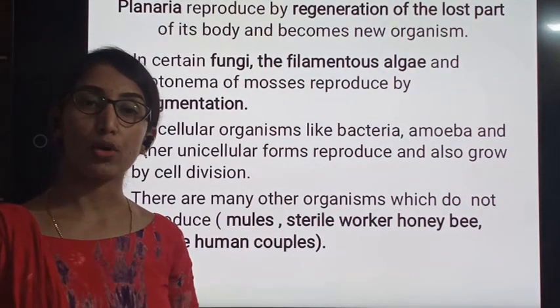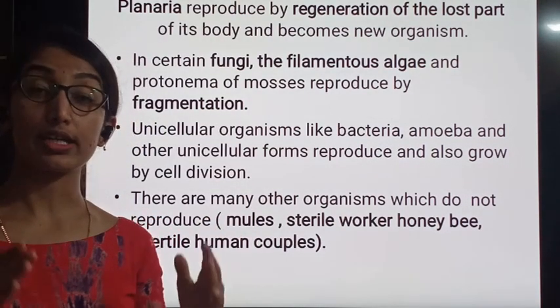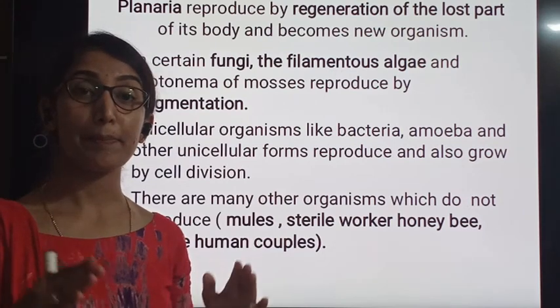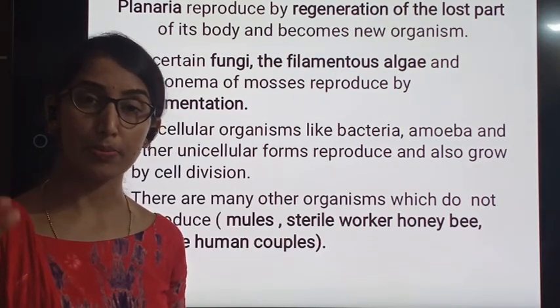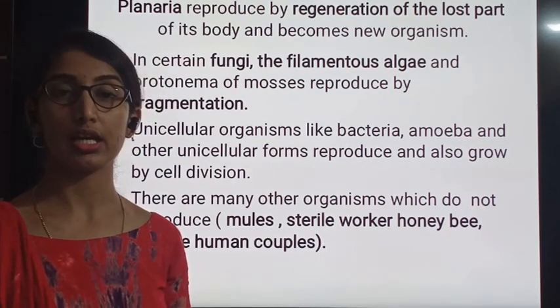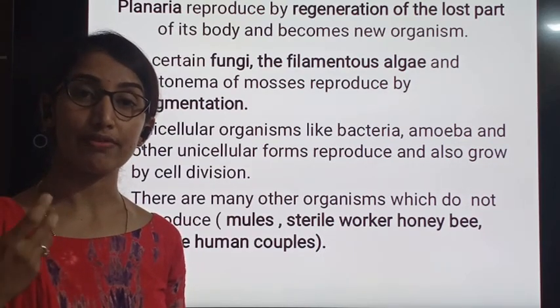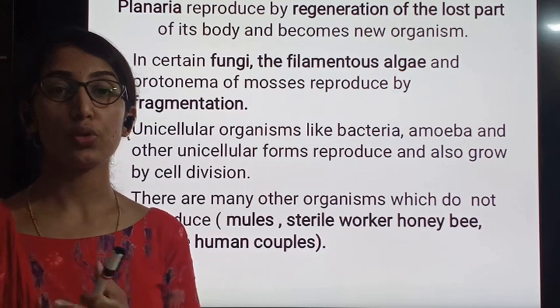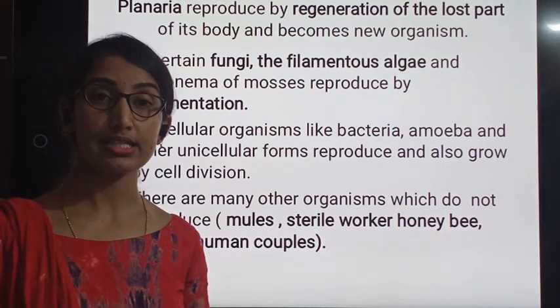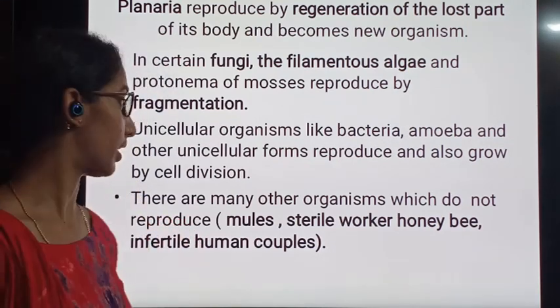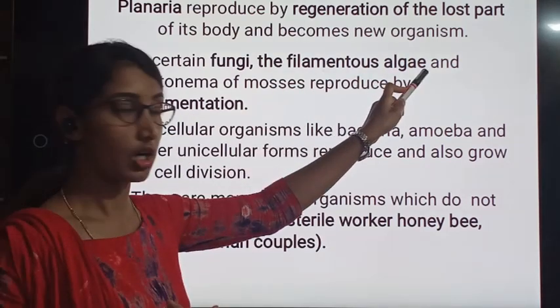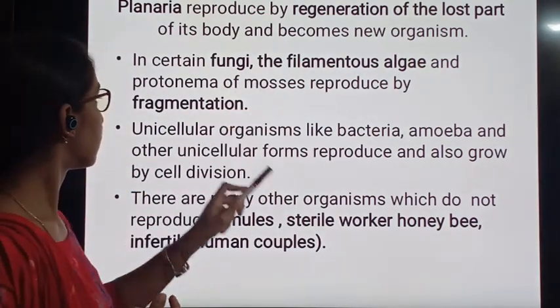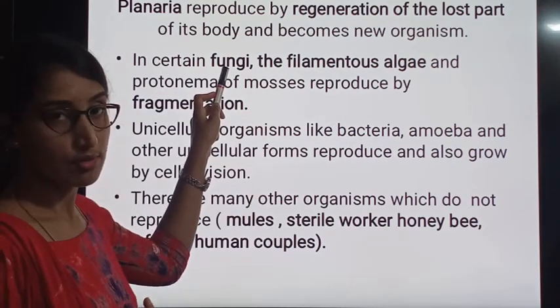A parental body breaks down or is cut into many pieces, and small individual pieces or fragments are capable of developing into a new individual, and that we call fragmentation. This fragmentation can be seen in algae, mosses and also many fungi.